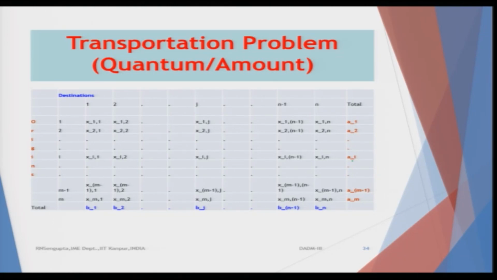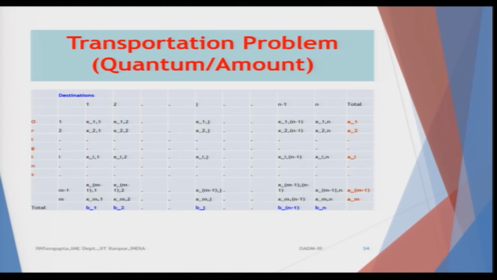a suffix i. When I come to the m minus 1 origin, the total quantum of goods being transported, I am going a little bit slow, I understand, but let me explain. The total amount of goods being transported from the m minus 1 origin to the first destination is x m minus 1 comma 1, to the second is x m minus 1 comma 2, till the jth one is x m minus 1 comma j, to the n minus 1th destination is x m minus 1 comma n minus 1, and the last one would be x m minus 1 comma n.